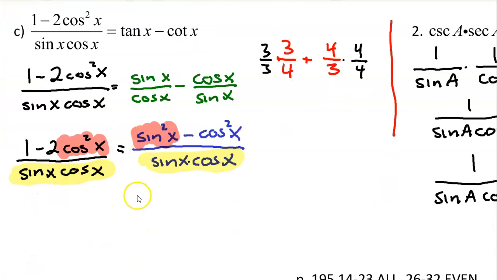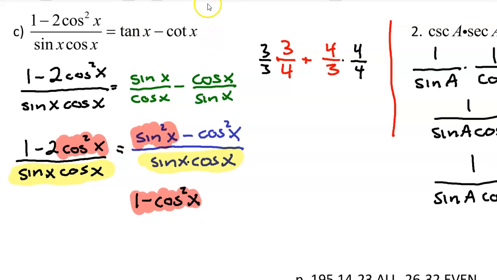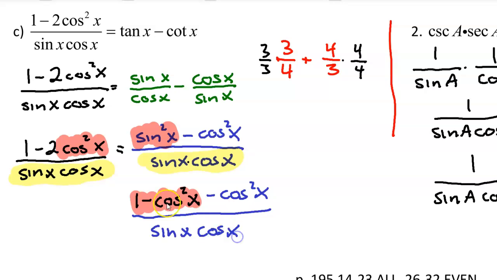So now I have 1 minus cosine squared substituted in for sine squared of x, and everything else stays the same. So minus cosine, that stays the same. All over sine of x and cosine of x. And of course that equals the same thing over here.